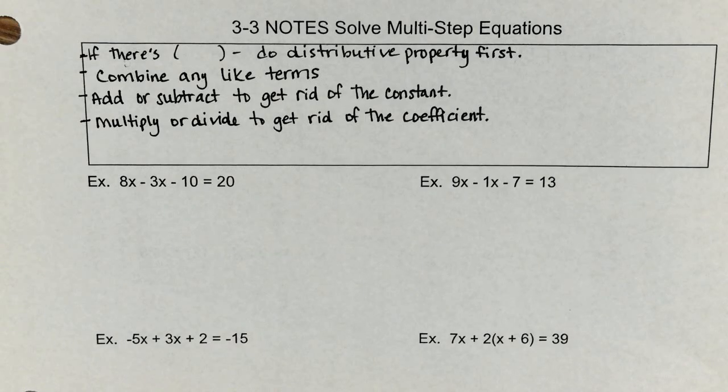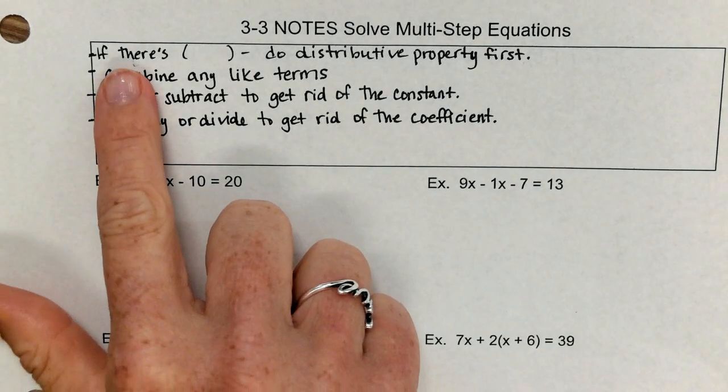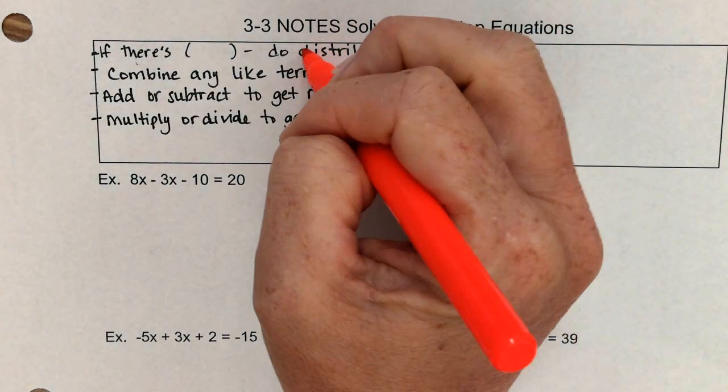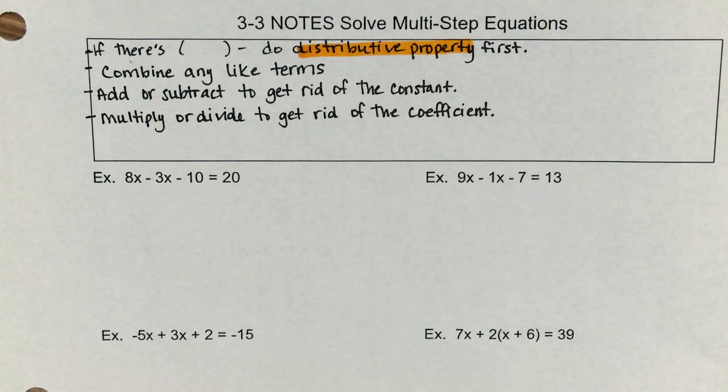Yes? All right, so here's your steps you're going to follow today. Your first step is if there's parentheses, you're going to deal with them by doing what? Distributive property. Okay, if there's no parentheses, then skip that and move to the next step. The next step is to combine any like terms on the left, combine any on the right.